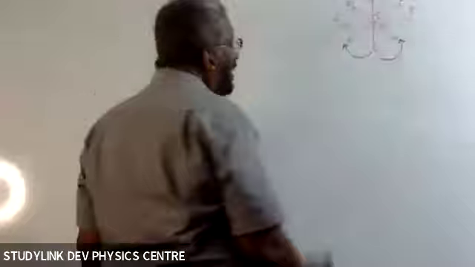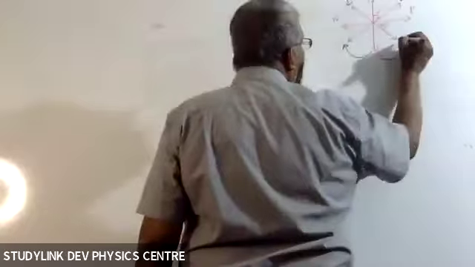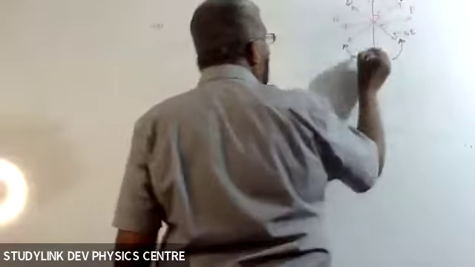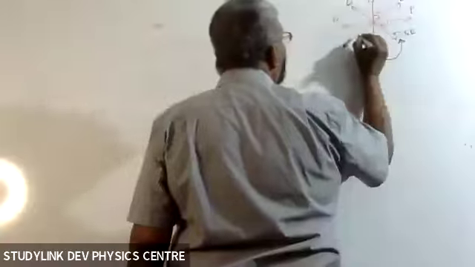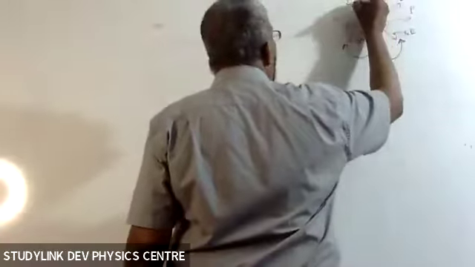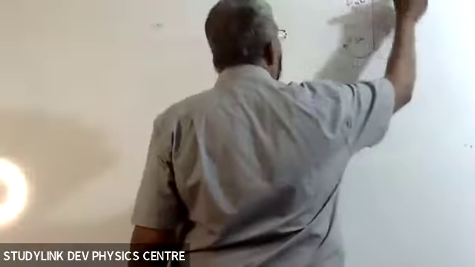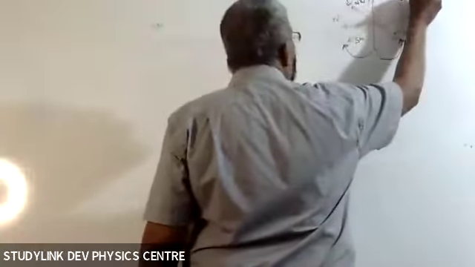So then, south to east, southeast. This is called southwest. This is called northwest. This is called northeast.